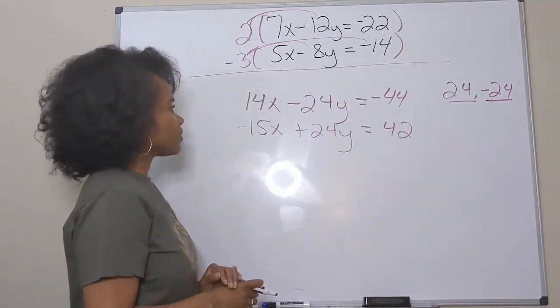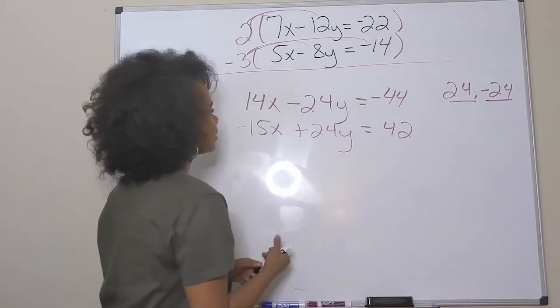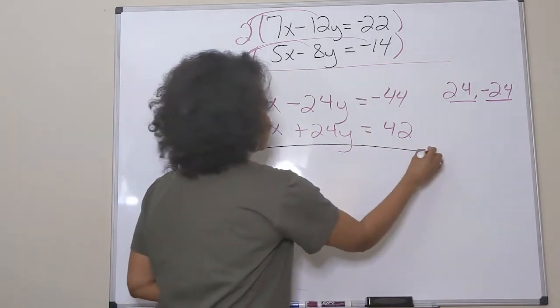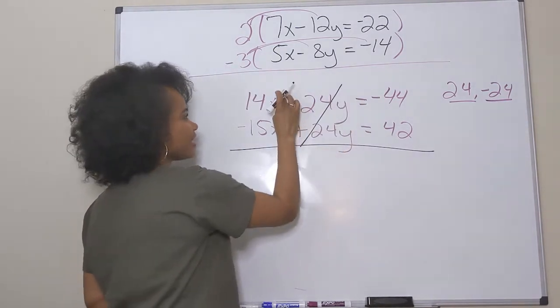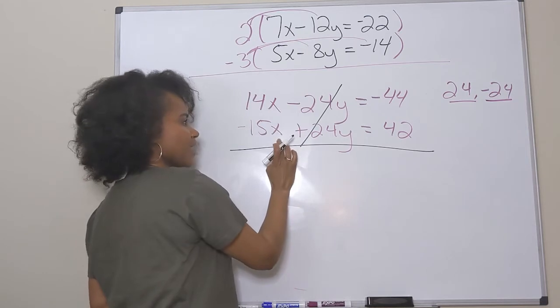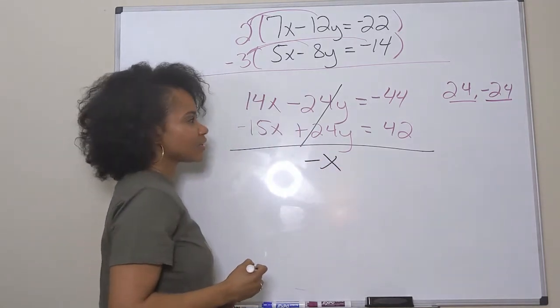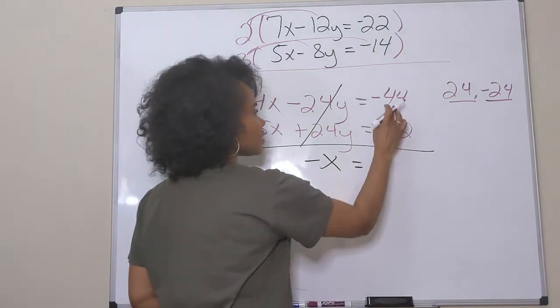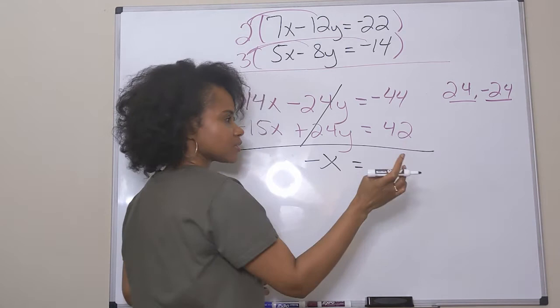All right, so now I can solve it vertically. This cancels out here. That's what we wanted. All right, 14x minus 15x, that's just negative 1x or just negative x, equals negative 44 plus 42, because it's positive.